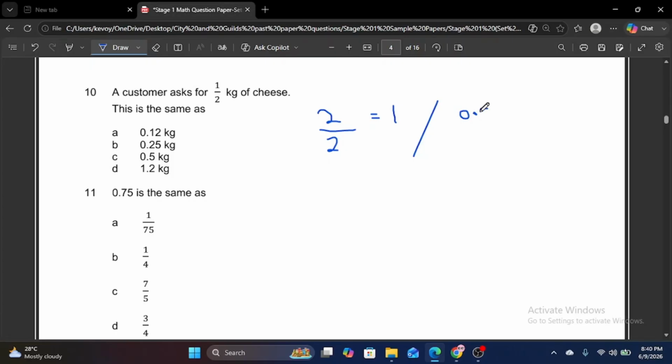0.5. Why is it 0.5? Because in the place value chart, the highest digit we can have is 9, because if it goes over 9, then we have to put the remainder over the other side of the place value. So if we added 5 plus 5, we'll have 10.